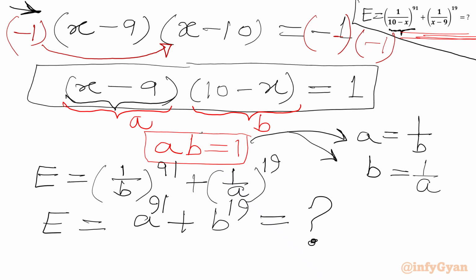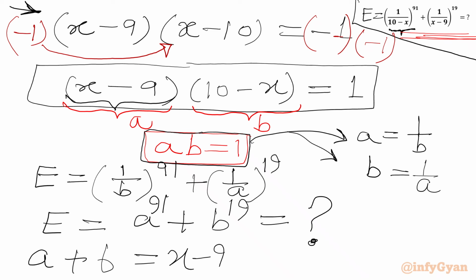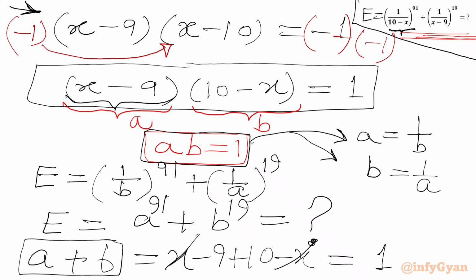The known equation is a times b equal to 1. Now I will add both also, a plus b. Let's find the value of a plus b. So we can write x − 9 plus 10 − x. Now plus x and minus x will be over. 10 minus 9 is 1. So we have two equations: a plus b equal to 1, a times b equal to 1.